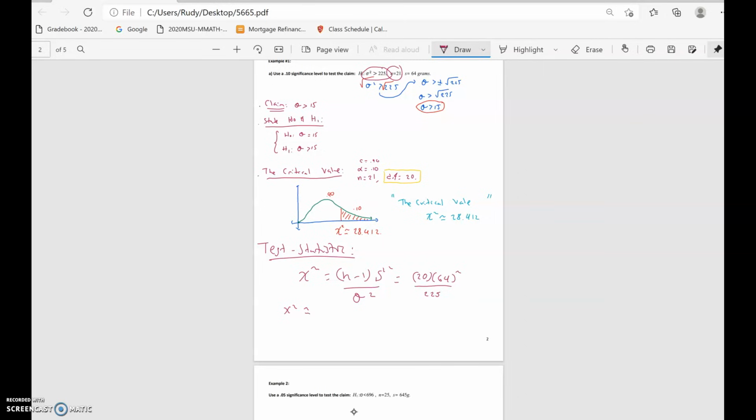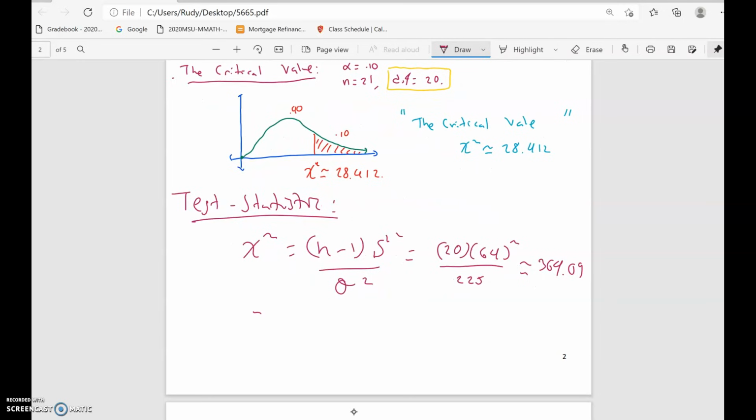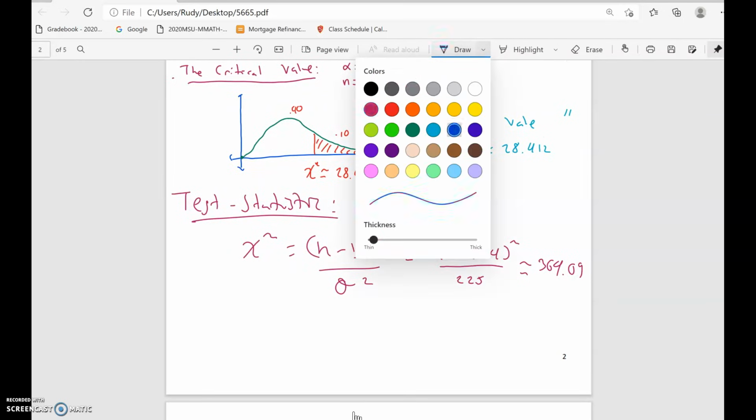So this chi-square value ends up being 364.09. So let me rewrite it here. Test statistic.